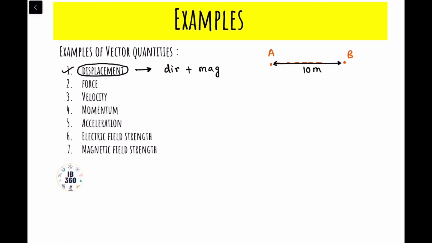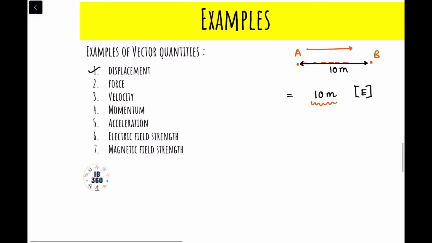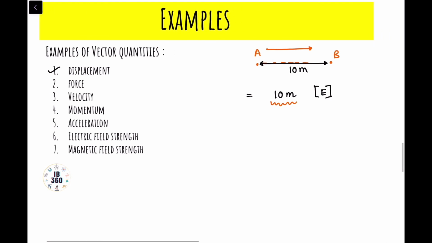The length of the shortest path traveled by you, so this will be 10 meter. But you have to specify the direction also. You have specified only the magnitude. In which direction are you going? From A to B, towards the east, right? So displacement is a vector quantity, because it needs both direction and magnitude.